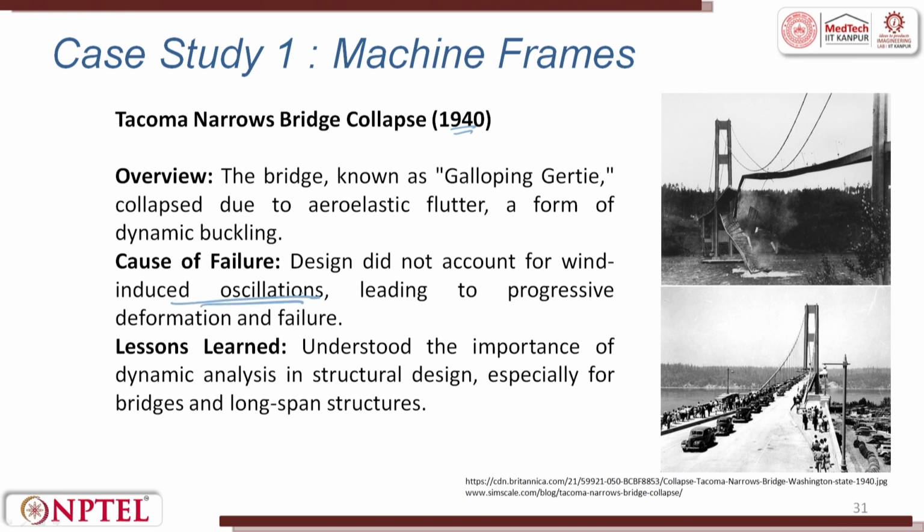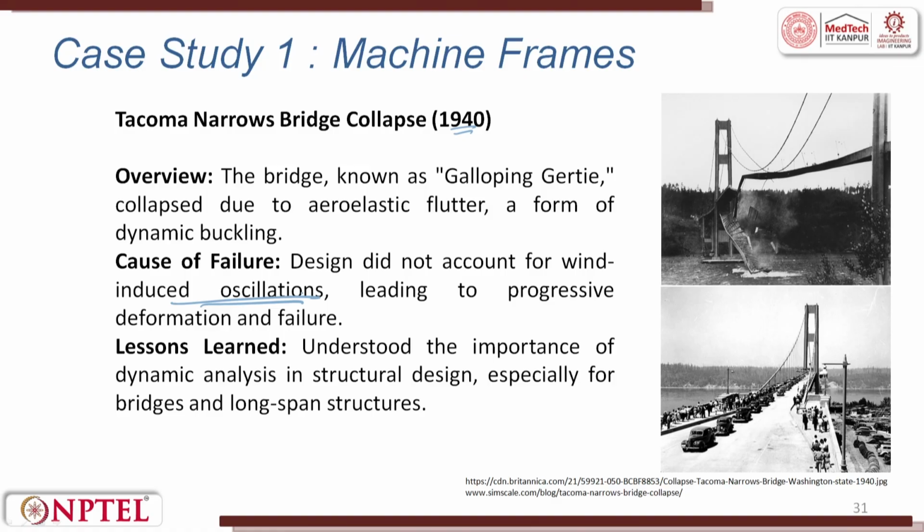So, that is what I said: when you have a column, there is also a dynamic load. The dynamic load here is swinging, and if people are jumping, it is a cyclic load. Here in this bridge, they did not take wind-induced oscillation into account. So, the lesson learned is to understand the importance of dynamic analysis in structural design, especially in bridges and long span structures.